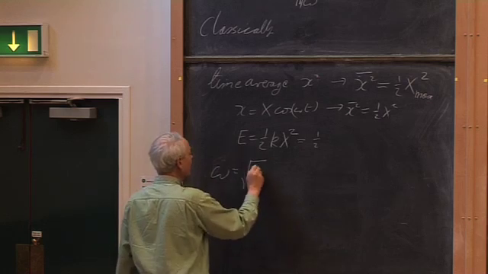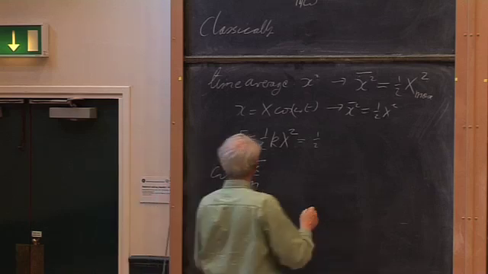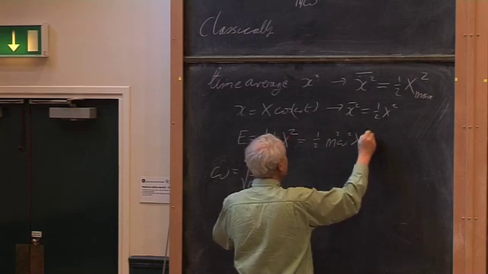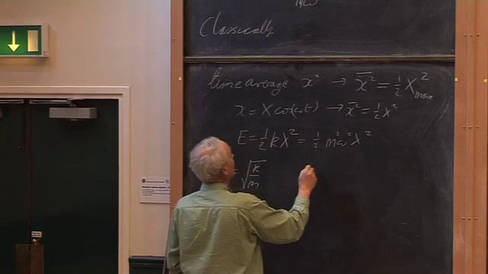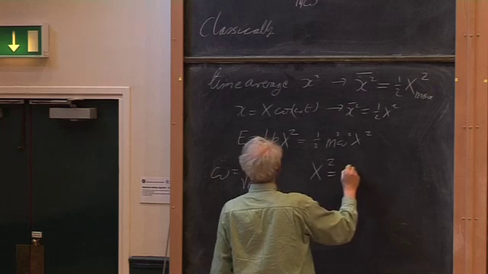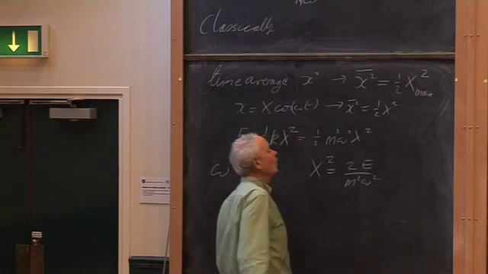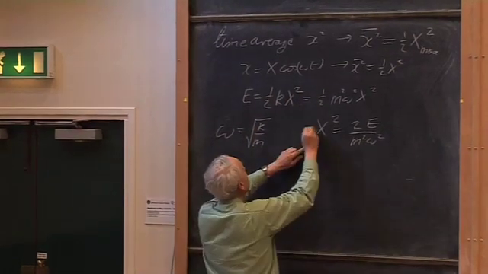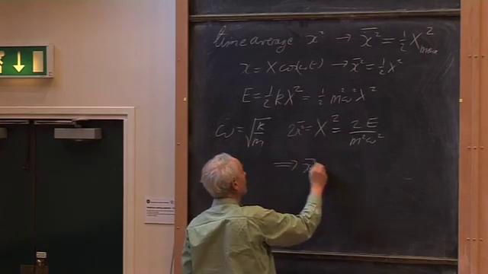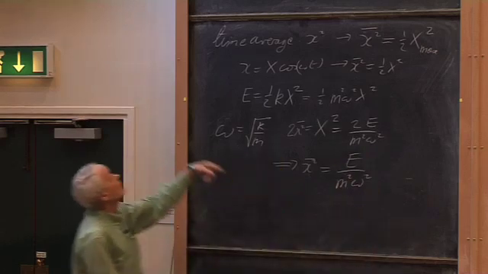Omega is the square root of k over m for a harmonic oscillator, k being the spring constant. So if I want to get rid of k, I have to declare it to be omega squared m, times x max squared. So that leads to the conclusion that x max squared is equal to 2E over m omega squared, but this thing is equal to 2 x squared bar. So x squared bar is equal to E over m omega squared, in perfect agreement with the quantum mechanical result.